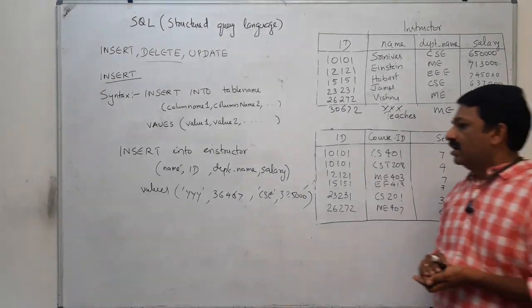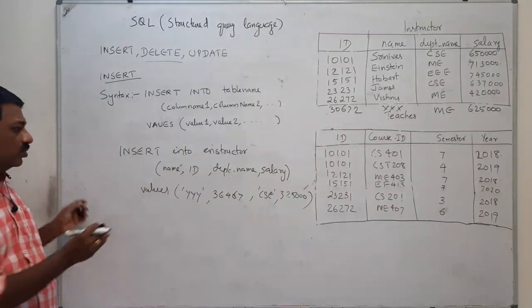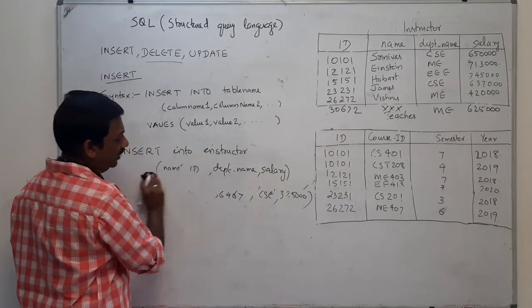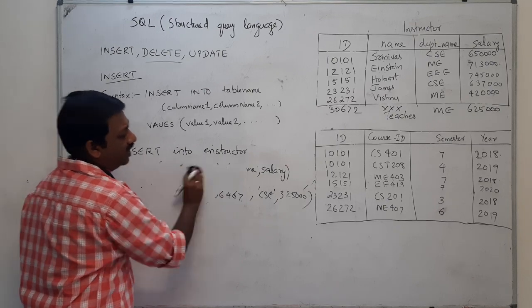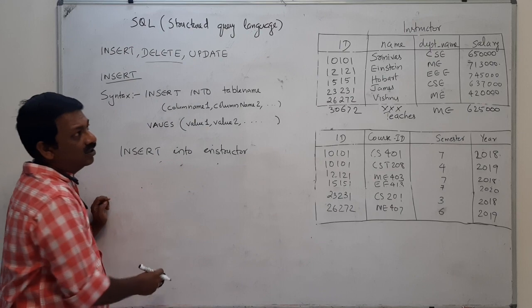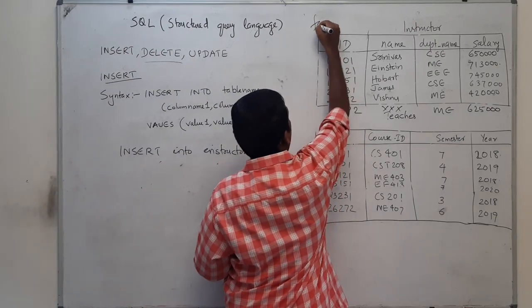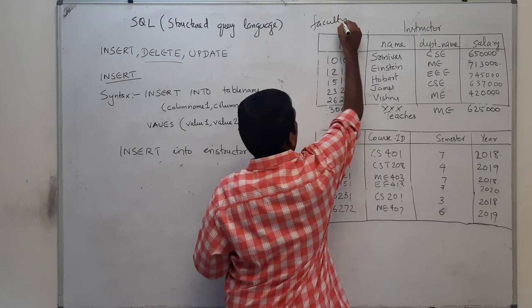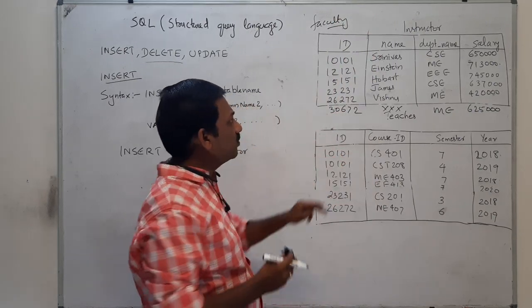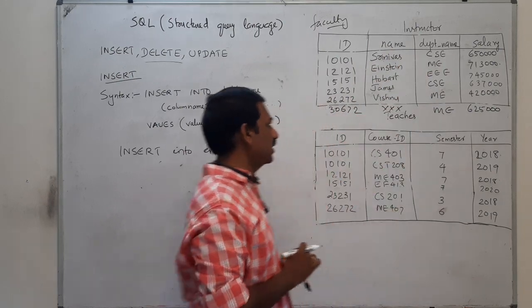Now suppose that you want to populate a table from another table. Suppose that you have another table which is called faculty. In that faculty table also, suppose that you have faculty ID, name, department name, and salary.